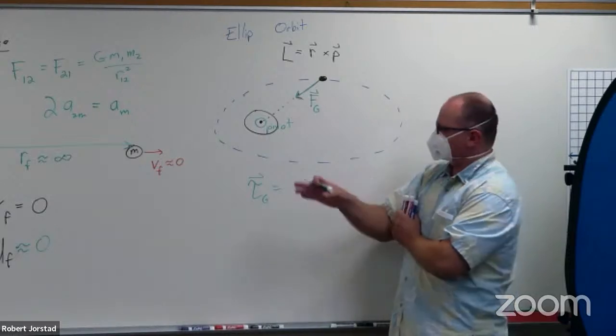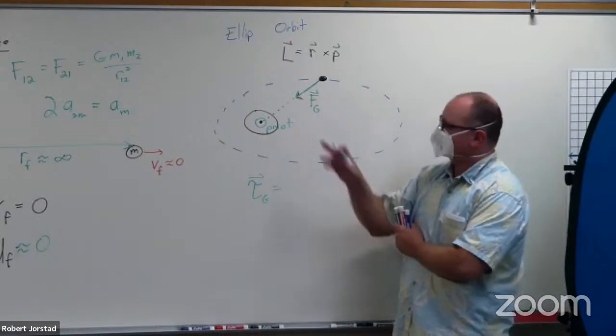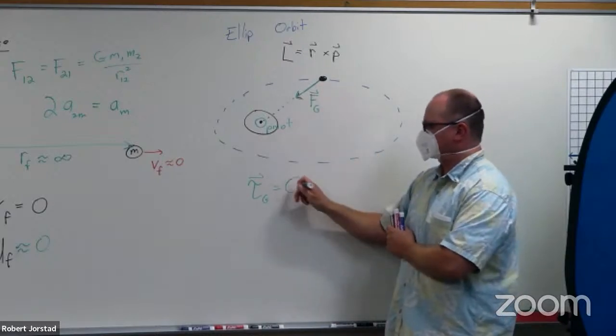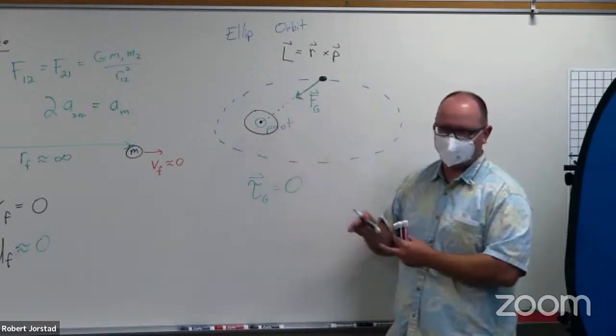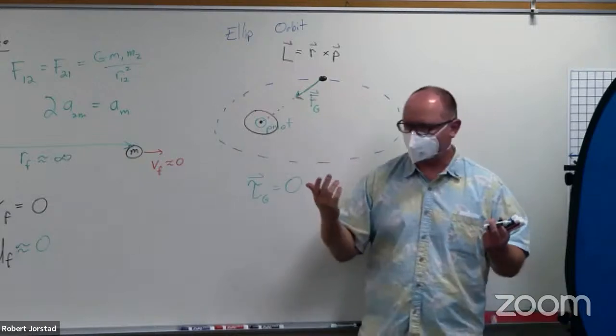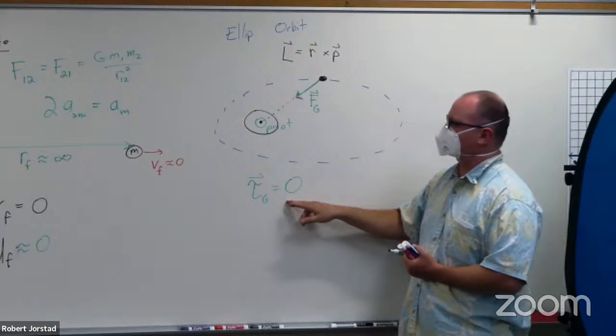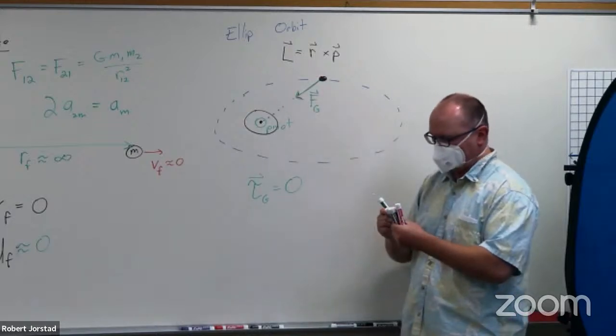Why is the torque 0 for this gravitational force? What's the phrasing I want you to use? Line of action through the pivot. Do you agree, no matter where it is in the orbit, the gravitational force is pointing right towards the center of the other planet, right? So if your torque is 0, what's true about angular momentum?